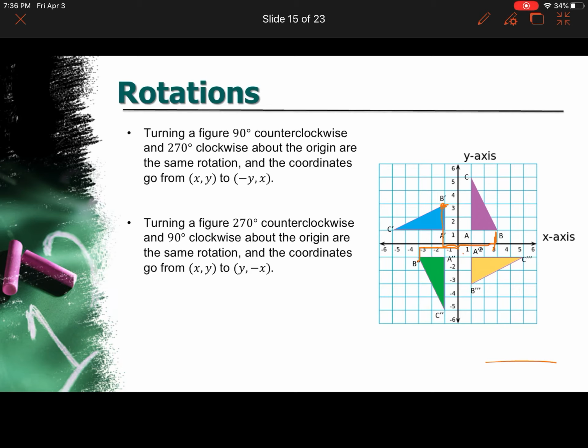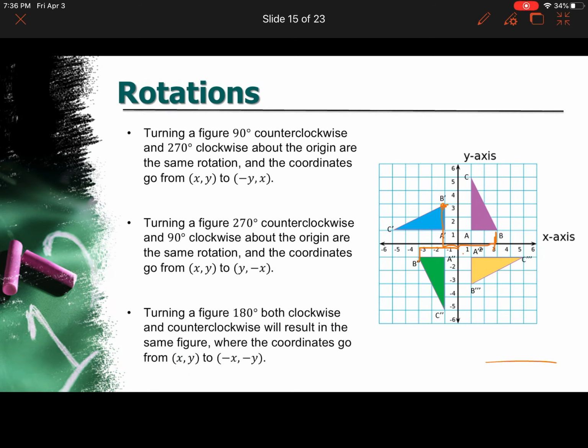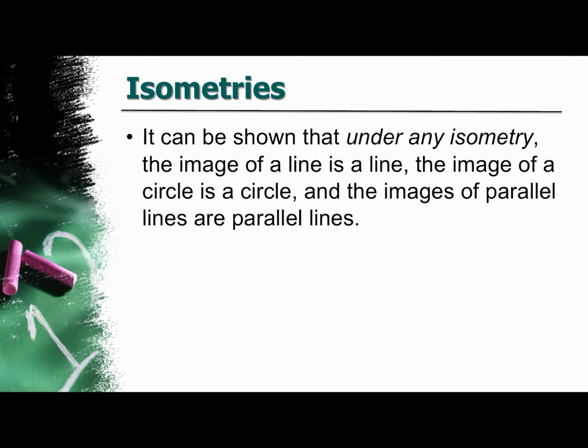So (3, 1), we're going to switch to (1, 3), but we're going to make that 3 negative, so it goes over 1, down 3. It would still give you that perpendicular, right? It would still give you, switch the x and y and make one of them negative, but one of them puts it over into the second quadrant, one of them puts it over into the fourth quadrant. And there was the 180.